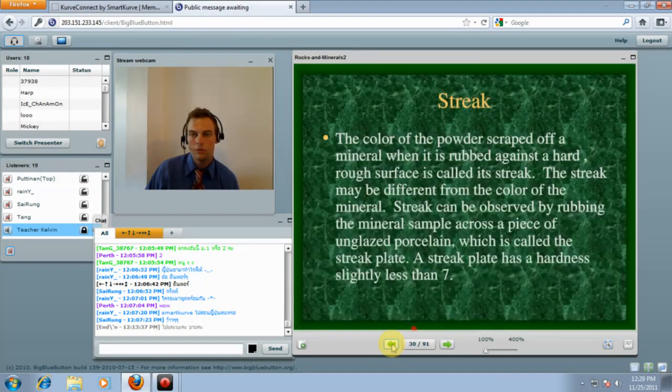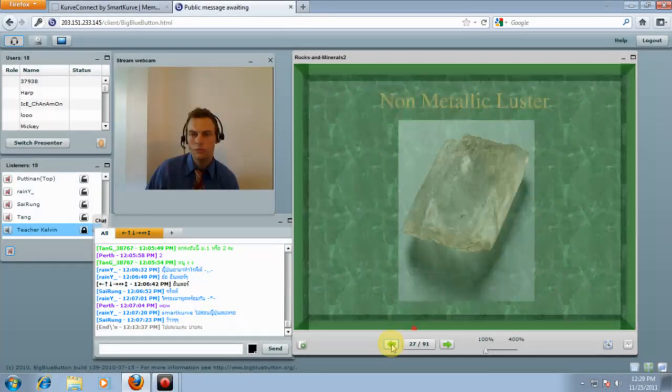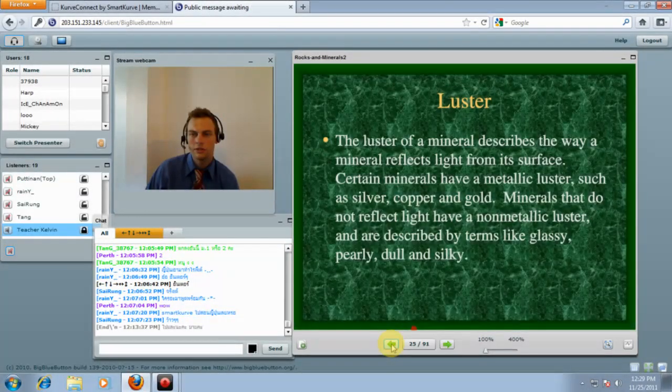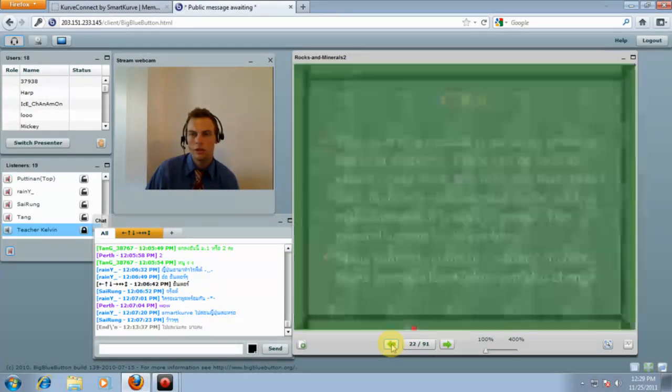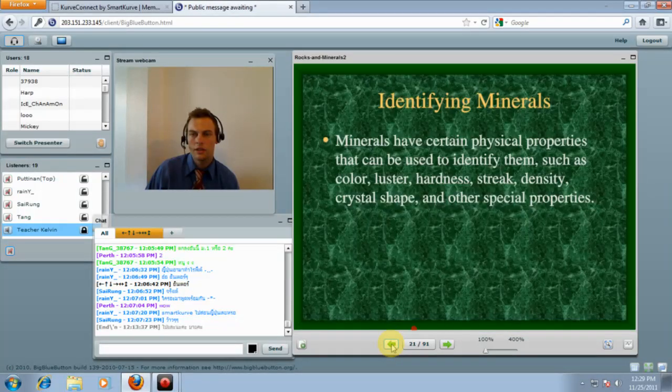Just what you really want to pay attention to is that to identify minerals, you need to look at their physical properties. So you don't need to have a huge lab which costs thousands of dollars to find out what mineral you have.